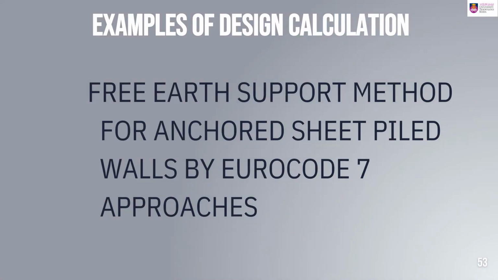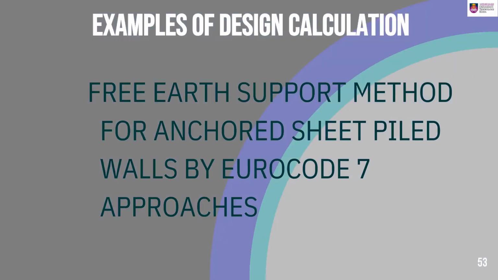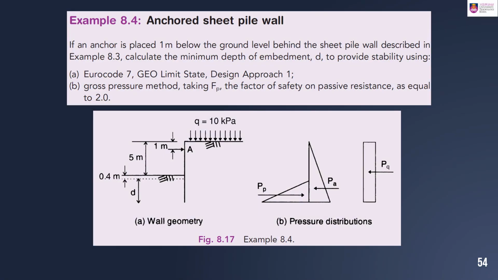Next one will be example 3, the free earth support method for an anchored sheet pile wall by Eurocode 7 approaches. If an anchor is placed 1 meter below the ground level behind the sheet pile wall described in example 8.3, calculate the minimum depth of embedment d to provide stability using the Eurocode 7 geo-limit state design approach 1 and the gross pressure method, taking Fp, the factor of safety on passive resistance, as equal to 2.0.